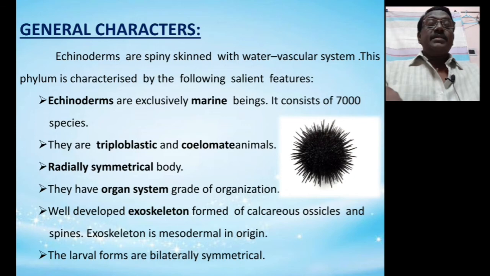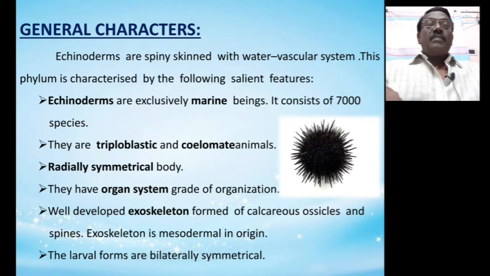What is symmetry? Symmetry is defined as the separation of body parts into two equal halves through an axis. If we cut the animal through an axis, we should get two equal halves. But this animal is a radially symmetrical animal, because when we cut the animal at any angle, we will get two equal halves.